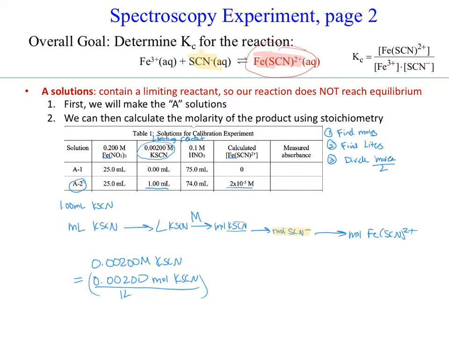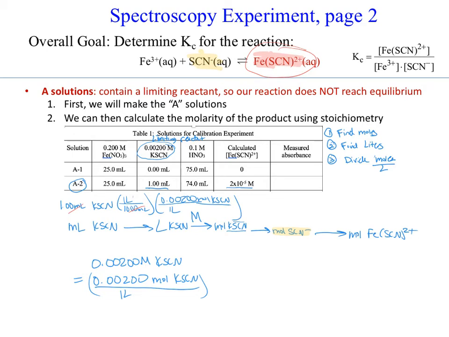So let's go ahead and set this up. I have my 1 mL of KSCN, and now I can convert from milliliters to liters, because I know for every 1 liter I have 1,000 milliliters. And I can see my mLs cancel. And now I'm going to convert from liters to moles using molarity. So I need liters downstairs, so 1 liter, and my molarity, 0.00200 moles KSCN.